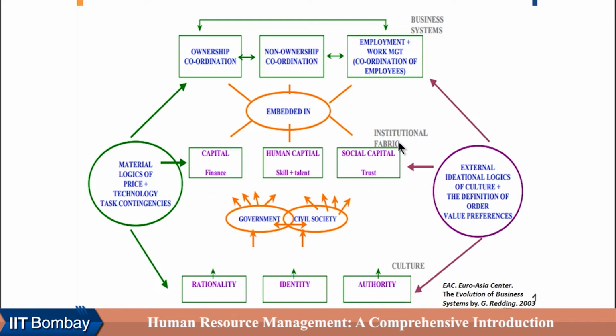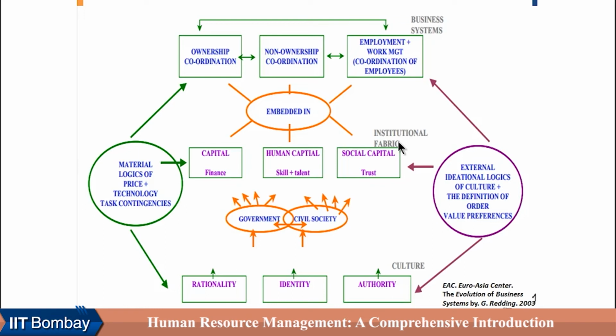So, these 3 are the things where the business system is embedded. These 3 are constantly influenced by the cultural element of the society, but culture does not directly result into a business system. Culture also does not directly result into institutional fabric.